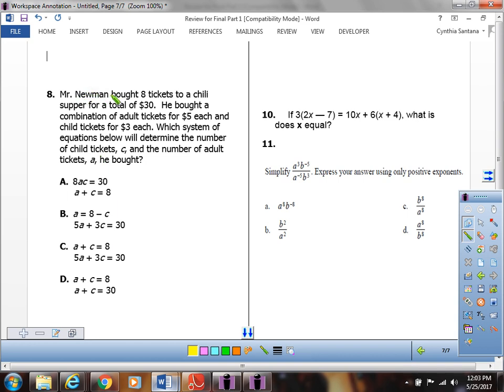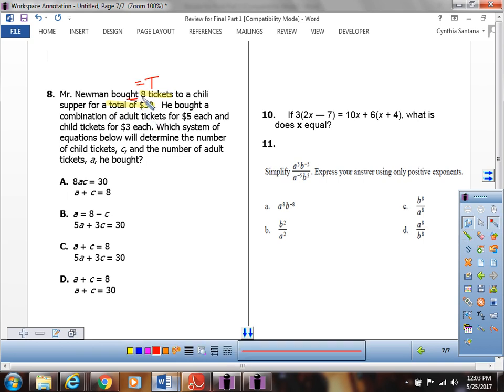It says Mr. Newman bought 8 tickets. Okay, that's a total. Something's got to equal this total. So if you notice, A has an 8 right there where the total is, B does not, C does, and D. It says he bought 8 tickets to a chili supper for a total of $30.